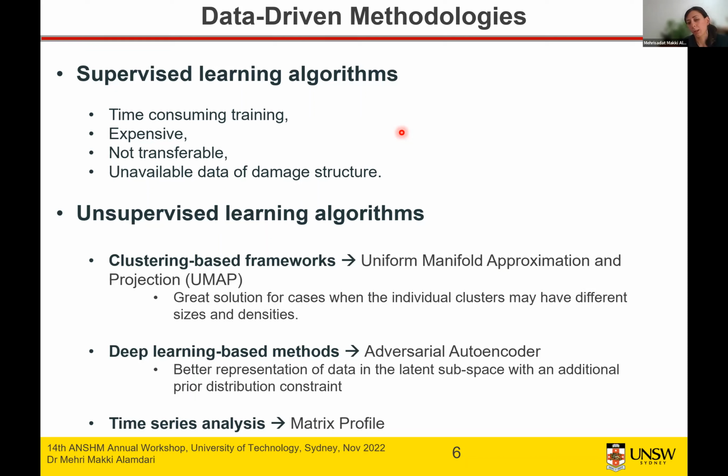So the idea behind UMAP is that it's basically a projection from high dimensional space to lower dimensional space, with the aim to extract the most amount of information from a given time response.